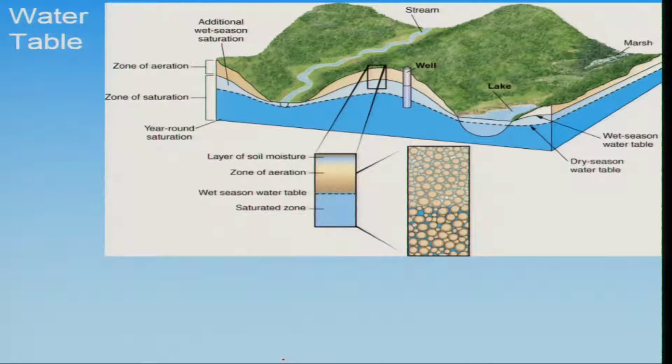In the wet season the water table reaches up into the zone of aeration, whereas in the dry season it remains below, in the zone which always remains saturated. Nevertheless, if we keep extracting or pumping more water than the recharge happening in the area, you may experience lowering of the groundwater table.